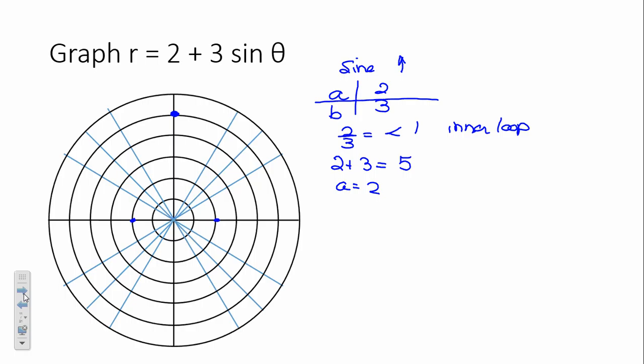Now we need to find out how much we get to go into this with our inner loop. So A minus B. 2 minus 3 is negative 1, right? Because it's negative 1, it's going inside. And then we start at the pole, and away we go. Because it was an inner loop, the ratio of 2/3 is less than 1.